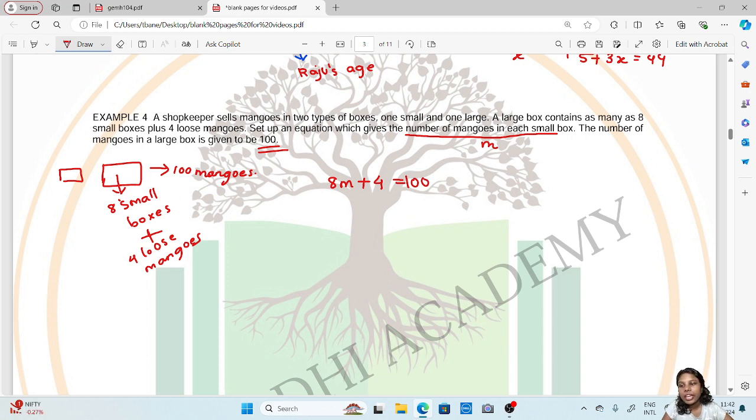So 8m, 8 is the number of boxes, and m is the number of mangoes. This gives us 100 mangoes in one large box.